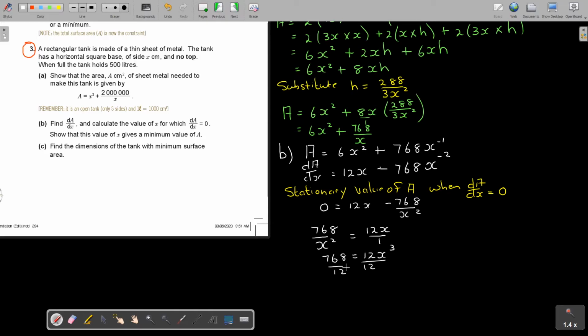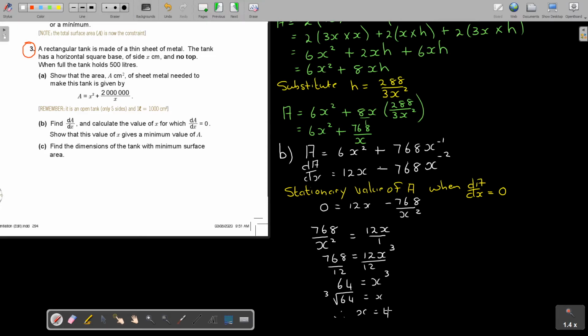So 768 divide 12, it's 64. Take the cube root. And as soon as I take the cube root, I get 4. So therefore, what will be the value of x? The value of x will be 4.